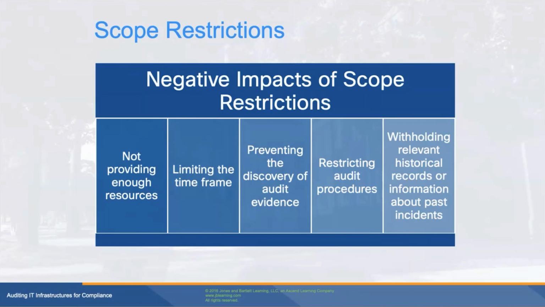That would be one of the situations where the scope would get larger, if we started finding malfeasance by some of the employees. The scope of the audit may widen so that we can collect more evidence. So these are some of the restrictions that can have a negative impact on your audit. We've got to be careful about them.